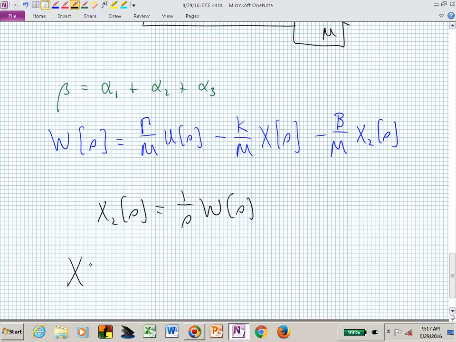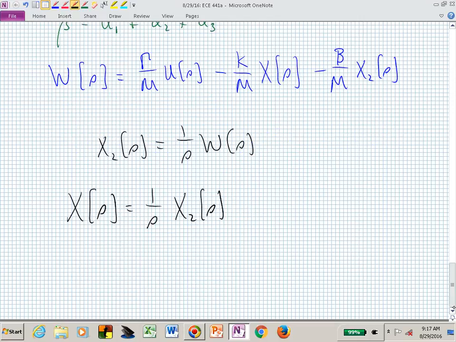And x of s, likewise, is a filtered version of x sub 2, where the filter or the scaling is 1 over s. But if we now know that x sub 2 is 1 over s w of s, we can combine those so that we now have 1 over s squared w of s for x of s.